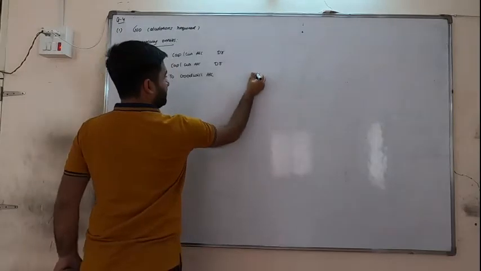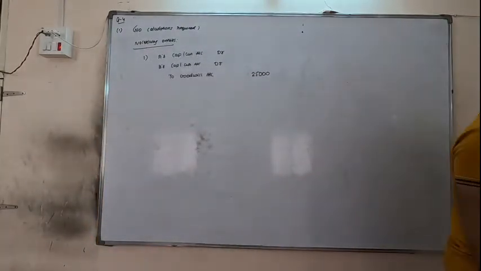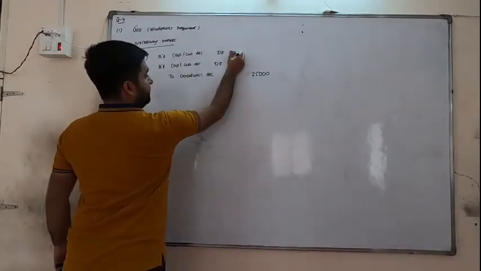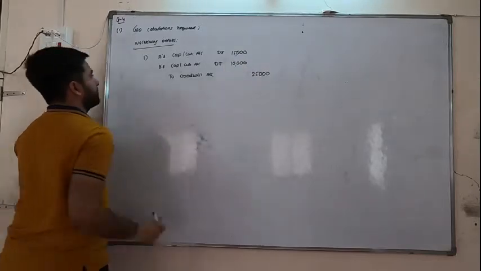Goodwill is rupees 25,000, and it is to be distributed in the ratio 3:2. So 25,000 divided by 5 into 3 is 15,000, and into 2 is 10,000.